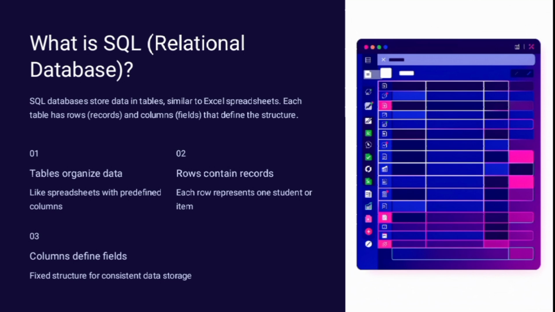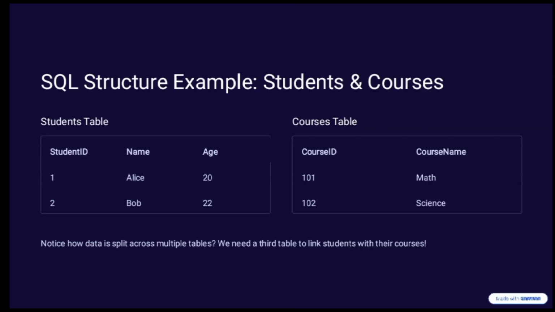One of the major problems with these SQL databases, let us explain with an example. I have two tables, a student table and a courses table. The student table contains student ID, name and age, whereas the courses table contains course ID and course name.